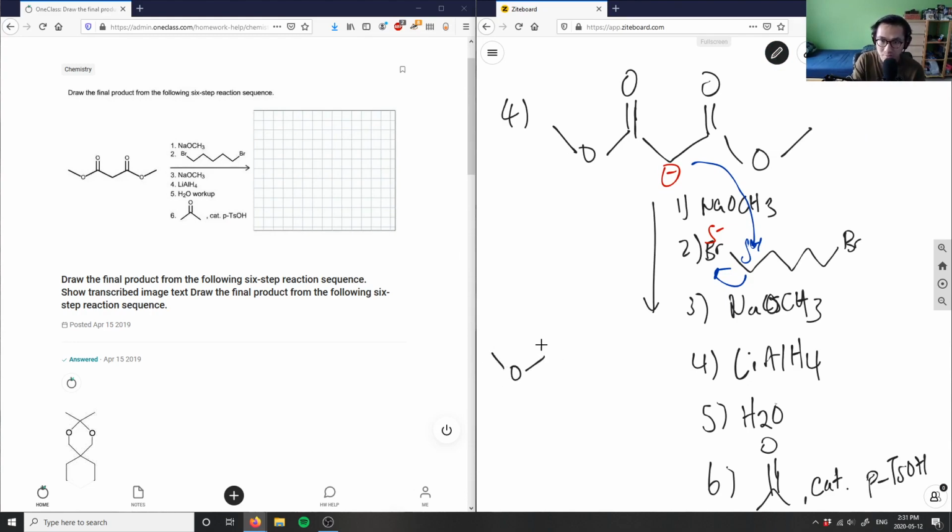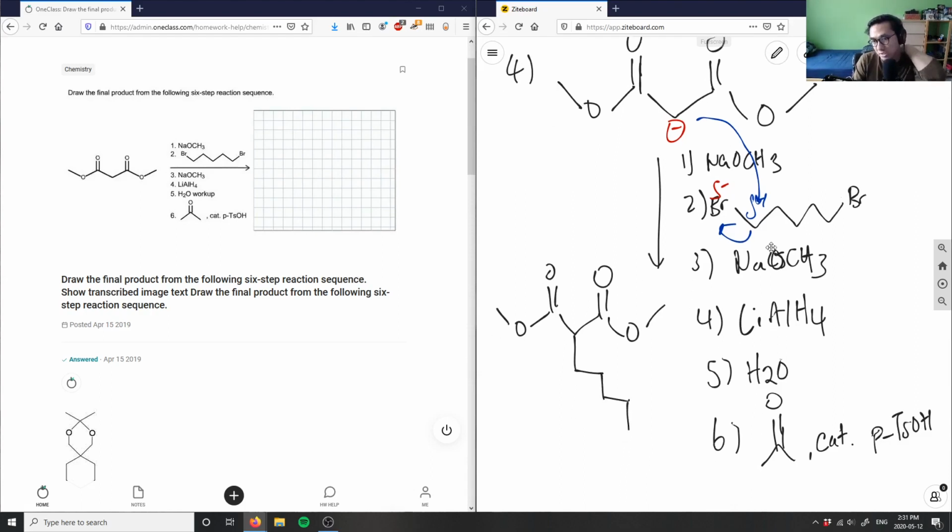So O double bond O, single bond O, and then I have 1, 2, 3, 4, 5, and this is actually symmetrical. So I have 1, 2, 3, 4, 5, and then I would have my Br here.